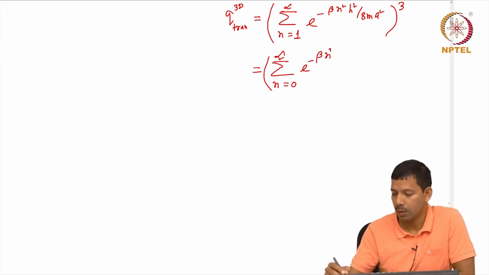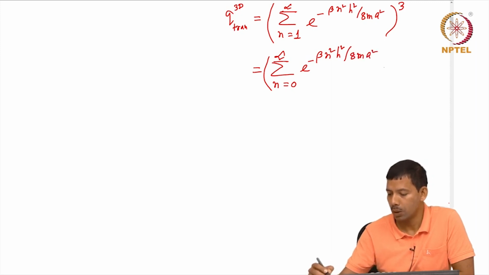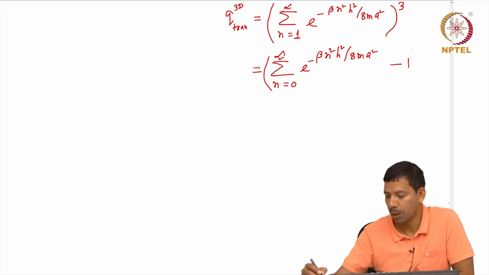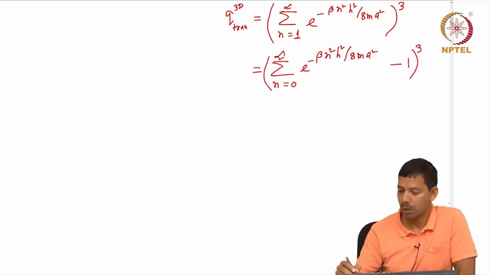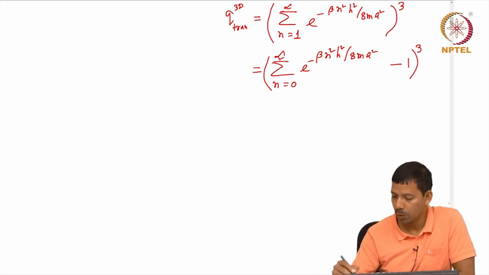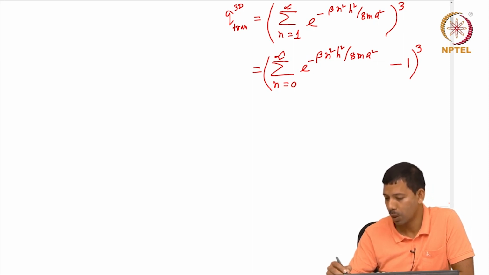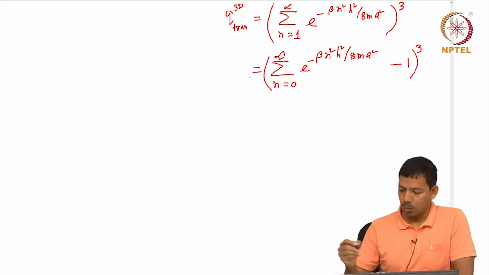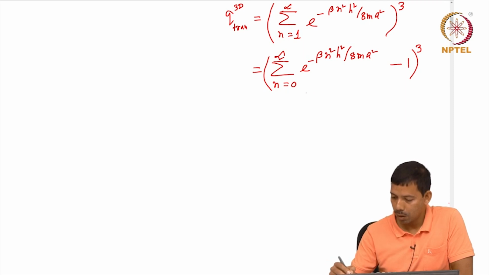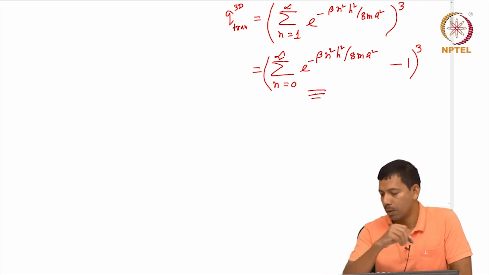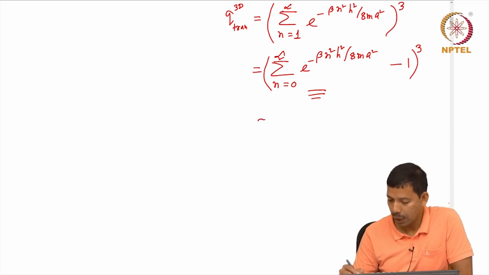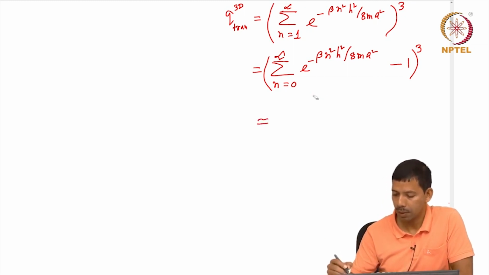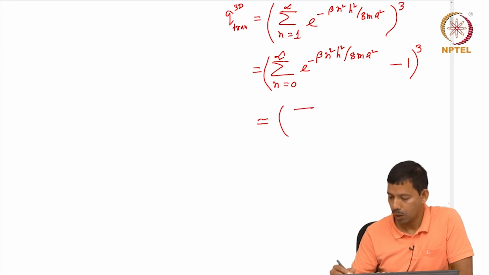We write it as it is and then simply put minus 1, since e to the power 0 is 1, which we subtract out. Since the sum is much larger than 1, we can neglect the 1.